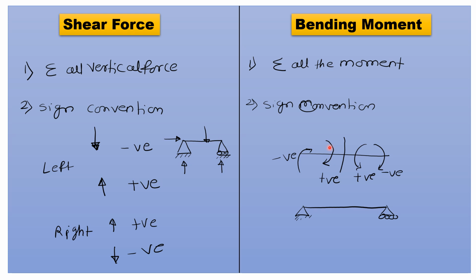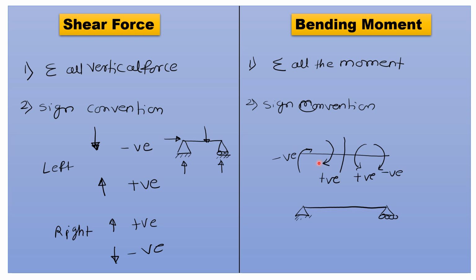If you calculate the bending moment from this point in this direction, then take these signs, and if you calculate from this point in the other direction, then take these sign conventions. This may be confusing right now, but by using these sign conventions, the steps to find the bending moment are easier than by hogging and sagging, from my point of view.